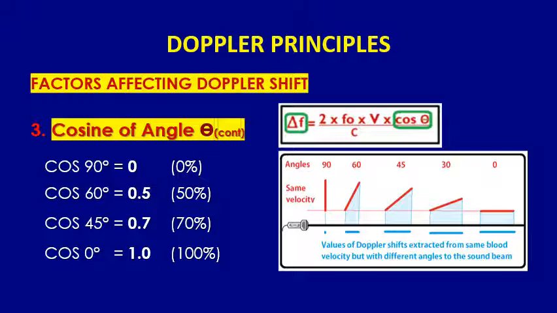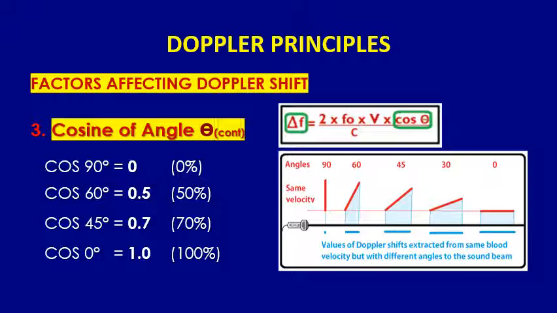Now, what I'm having here is cosine 45, angle 45. Cosine 45 is almost 0.7, so 70%, as we see here, 70% of the velocity is being used as a Doppler shift. Now what if I'm having zero angle? Zero angle, parallel, or 180, 0 or 180.